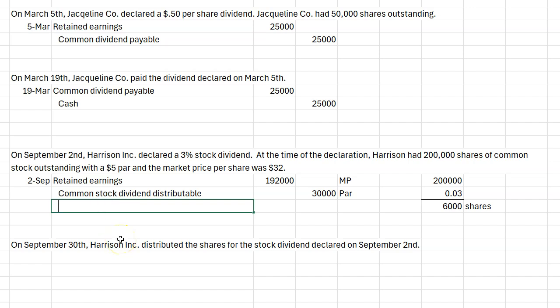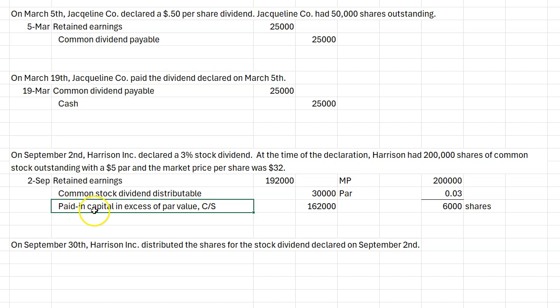And then the last piece here, because obviously they don't equal, let's find out how off they are. Let's find the difference. $162,000 is missing from our credit side to make debits equal credits. So the account we have to use for this one is our famous paid-in capital in excess of par value common stock.